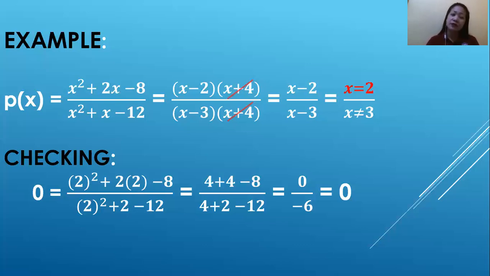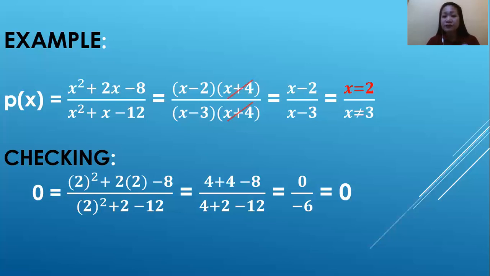Let us check. We are going to use the value of x, which is equal to 2. If the given p of x will equal 0, let us check if the value of x is correct. So x squared for 2 is 4, plus 2 times 2, we have 4, minus 8. While in the denominator, 2 squared is equal to 4, plus 2, minus 12.